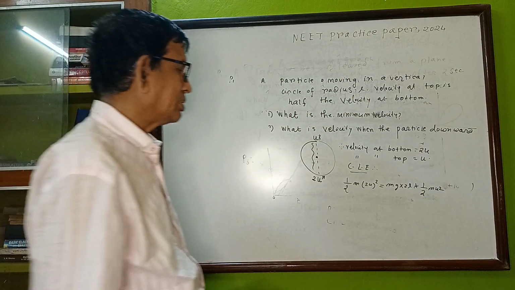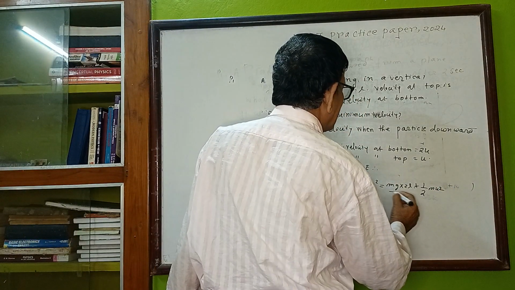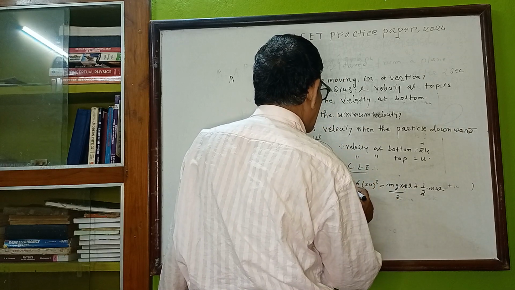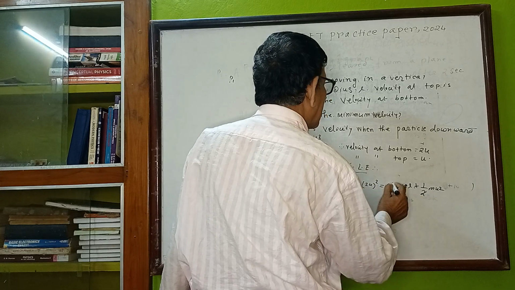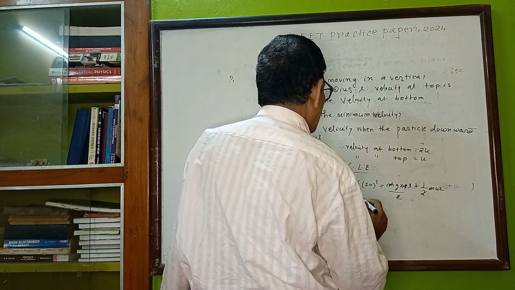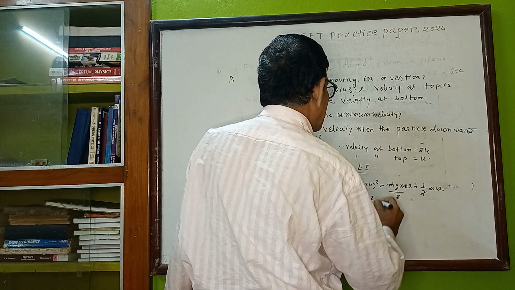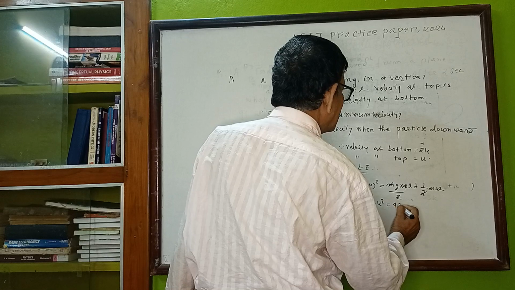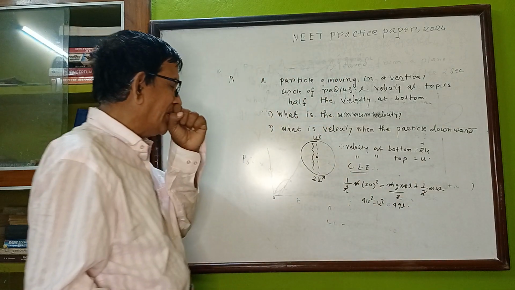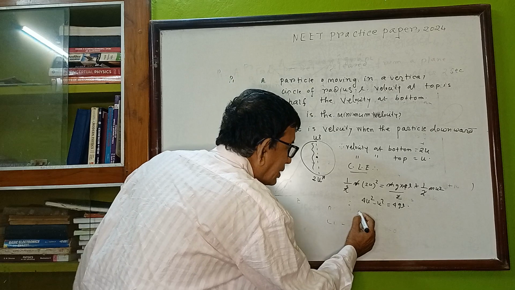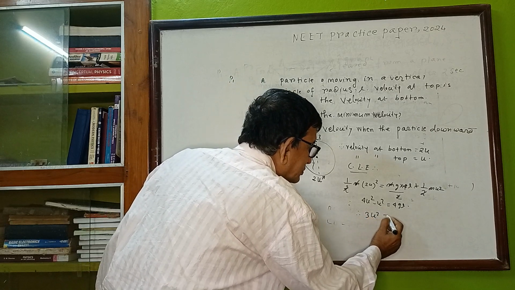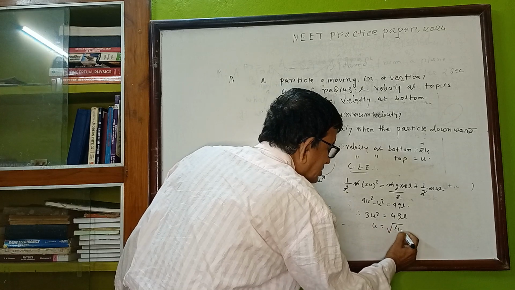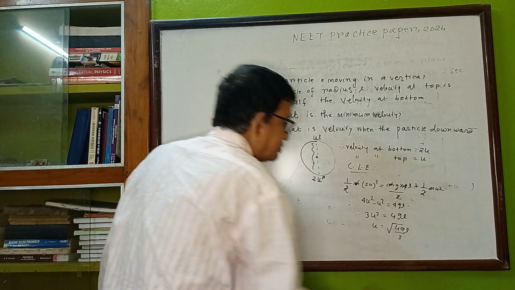Dividing by 2, m cancels, you get 4u square; taking the u square to that side, it comes 4gL, then 3u square equals 4gL, so u equals root of 4gL by 3.